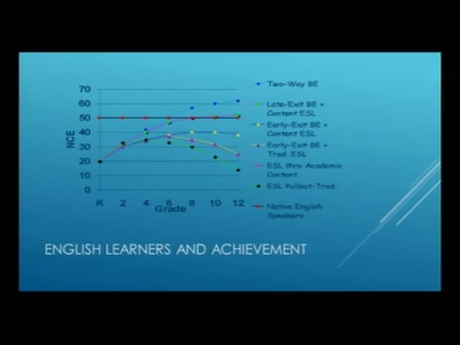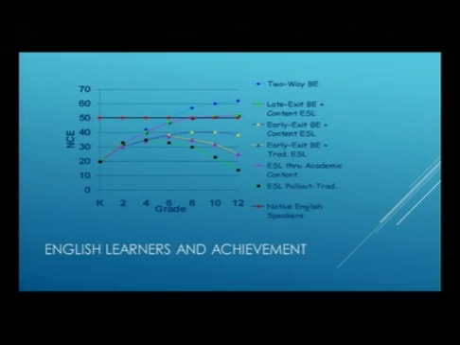So if you look, the blue diamond is the achievement of English learners over the grade spans when they are in a two-way immersion program. They have the highest achievement. In fact, they exceed the achievement of a native English speaker. And then you can see the other types of programs below.